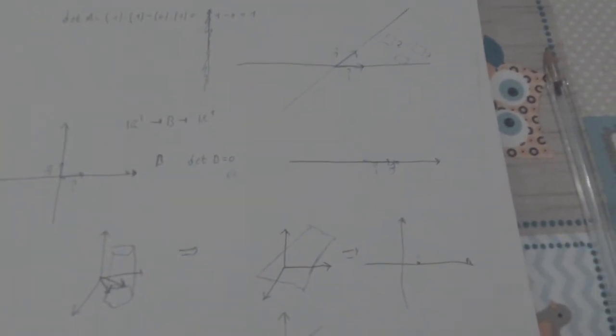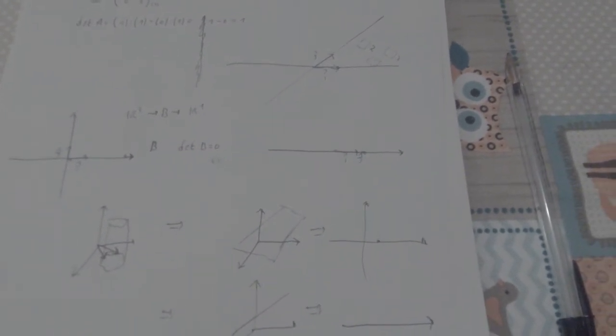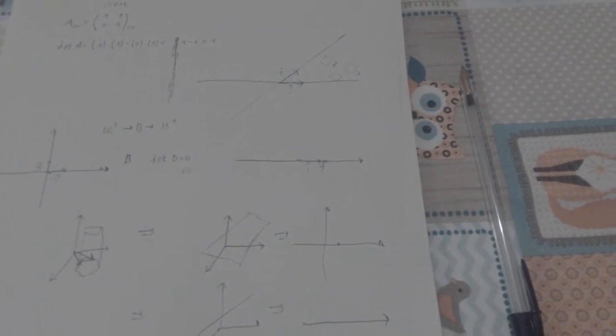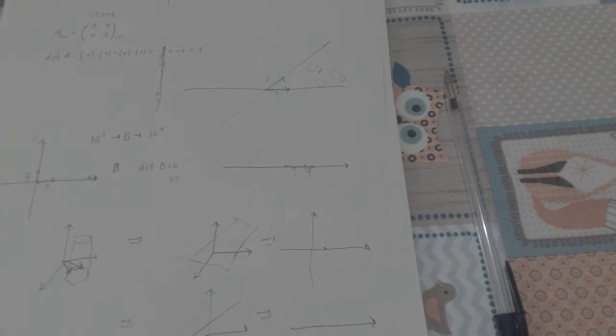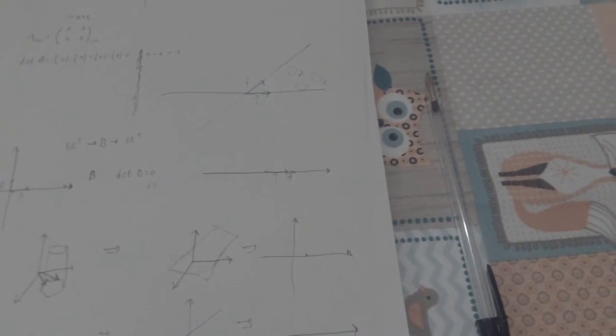And this is basically it. So I want you to think about this, because understanding this is one of the main things of linear algebra. Not just a determinant, but things in general. Whenever you see a matrix, you have to think about the matrix as a matrix of linear transformation. Whenever you see a determinant, you have to think about how much area or volume it scales.